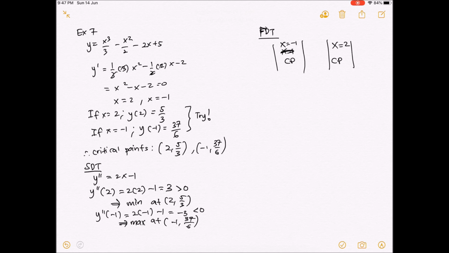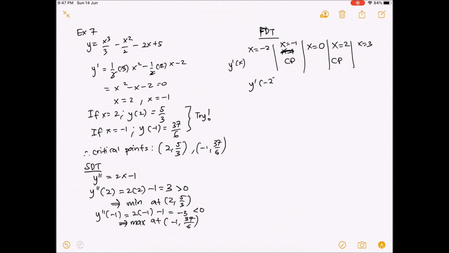We choose any point before and after our critical points. So let's say I choose x equals 0, here I choose x equals 3, and here I choose x equals -2. So this is y prime x. We have to look into the pattern of each point before and after the critical point.